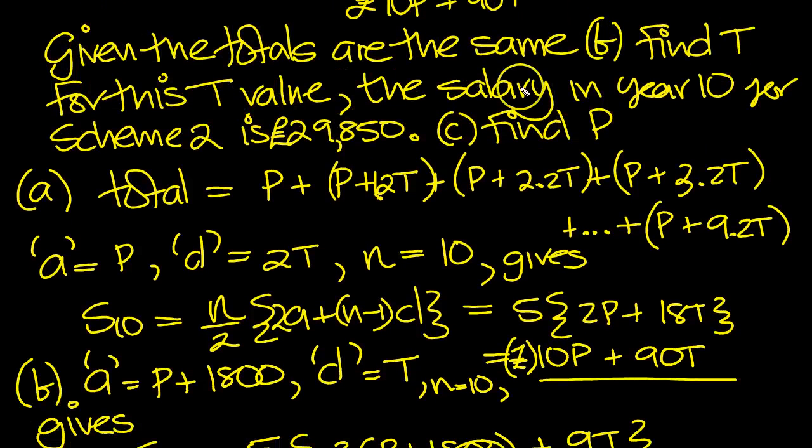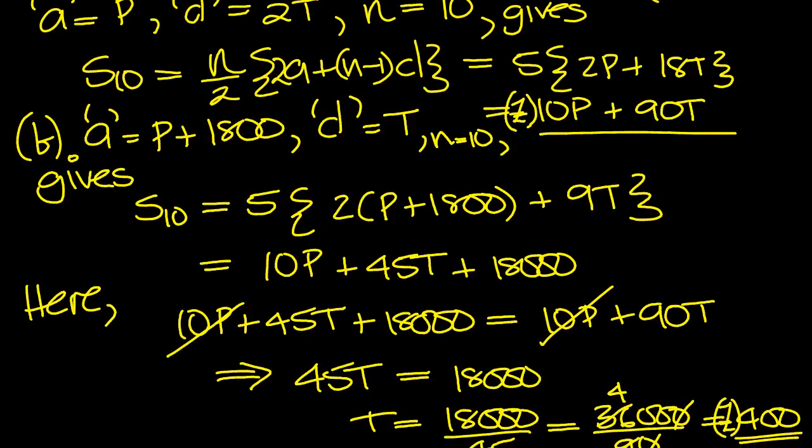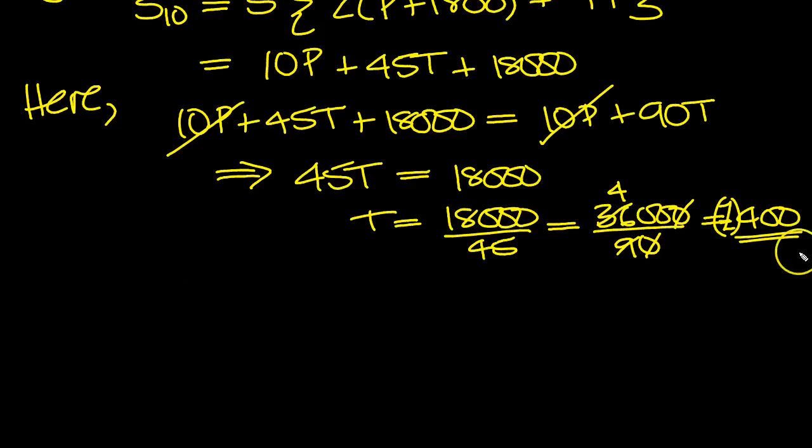For this t value, the salary in year 10 for scheme 2 is 29,850. Find P. So part C. We started off with a salary of P plus 1,800, and it went up by t each year.